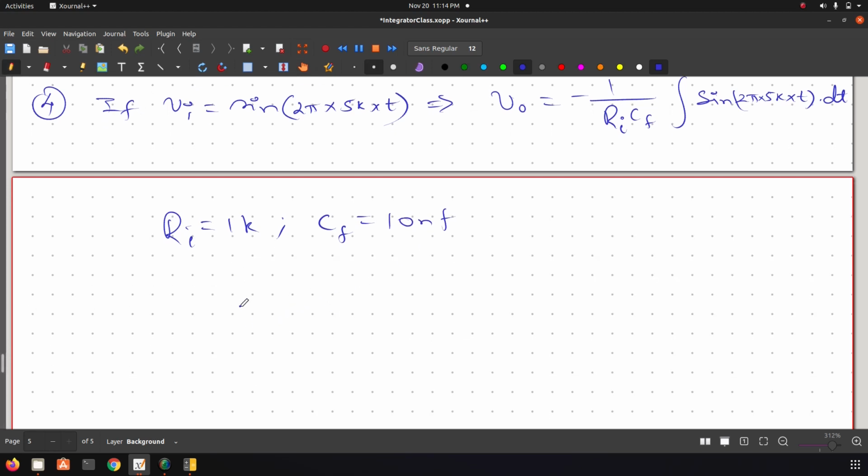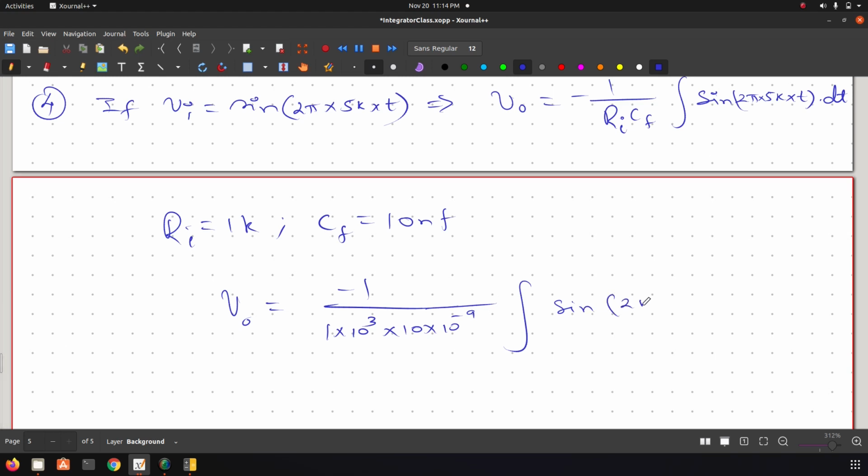Therefore our output voltage equals minus 1, because of the inverting terminal, times 1 into 10 power 3 times 10 into 10 power minus 9, integral of sine of 2 pi into 5k t dt, right?